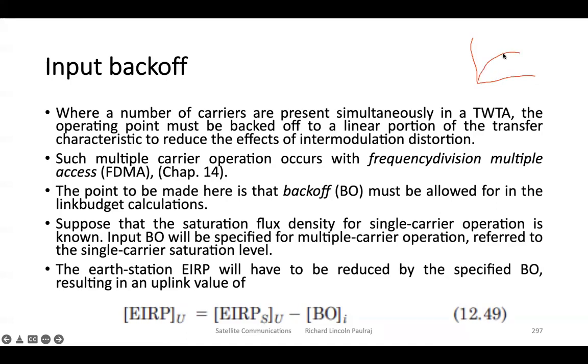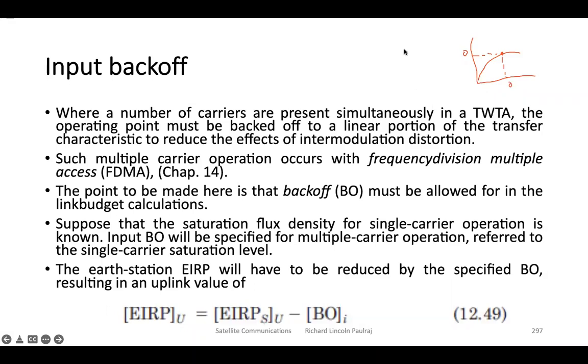As much as possible, I want to bring it to this level. There is not much deviation. So this is my 0 dB and 0 dB. I try to bring it to that level.